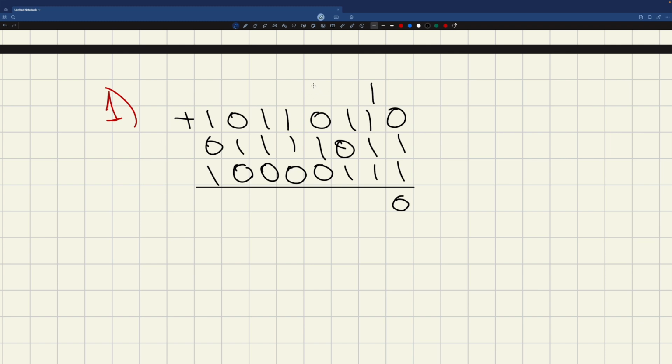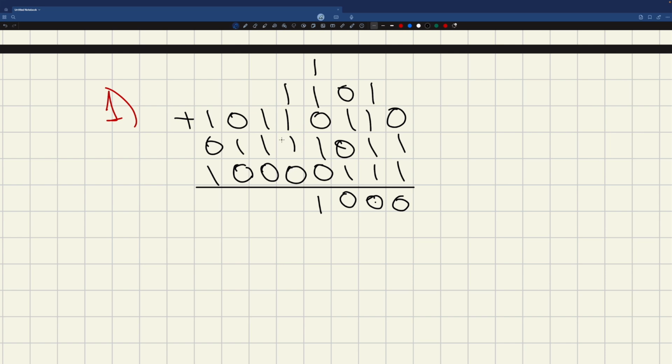So we put a 1, we put a 0 over here, then we put a 0 over here, and we put a 1 over here. So 0 plus 1 plus 0 plus 1, well, that's just 1 plus 1, which is 1, 0. So we carry another 1 over here. Now 1 plus 1 plus 1 is 1, 1.